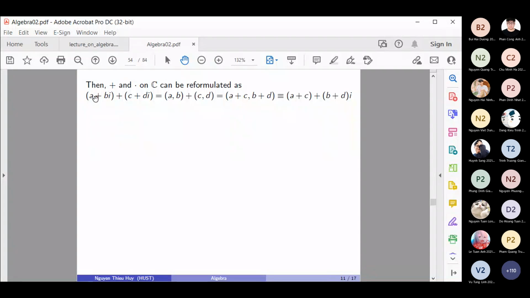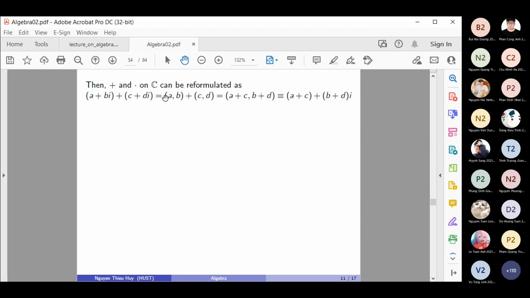By definition, if you do additions, you have to turn them into couples. So a plus bi is the couple (a,b), c plus di is the couple (c,d), and then you add by the rule that we had before: (a+c, b+d). But this is already identified with (a+c) plus (b+d)i. This is our identification for the set C. Now we can forget the ugly thing in between here.